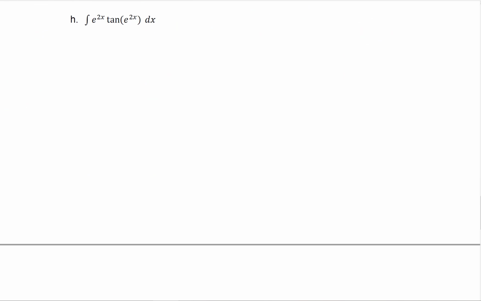All right, part H. So the integral of e to the 2x tangent e to the 2x dx. First off, don't try to rewrite this, right? Instead think the integral of tangent u du. So tangent of blah, right?